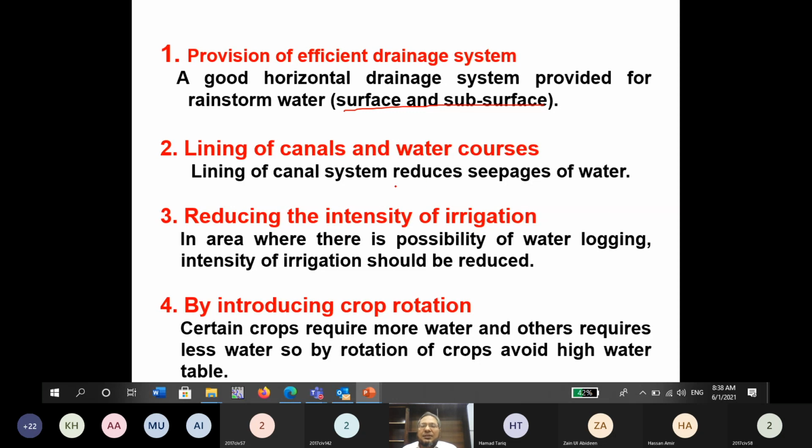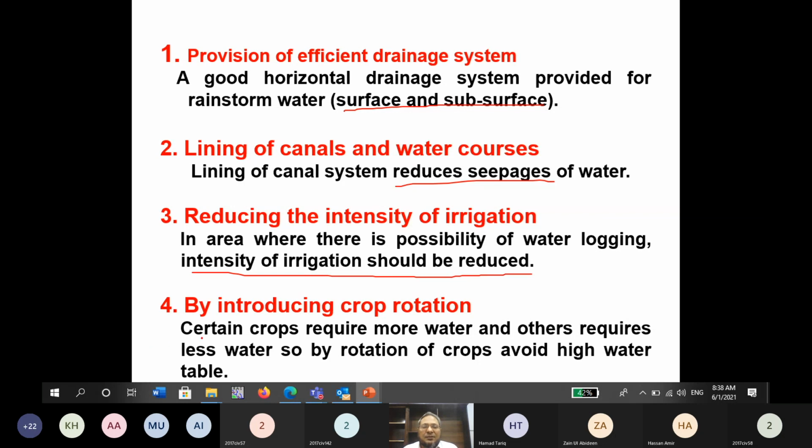It reduces seepage of water and ultimately the waterlogging. Number three, reducing the intensity of irrigation. Intensity of irrigation should be reduced.